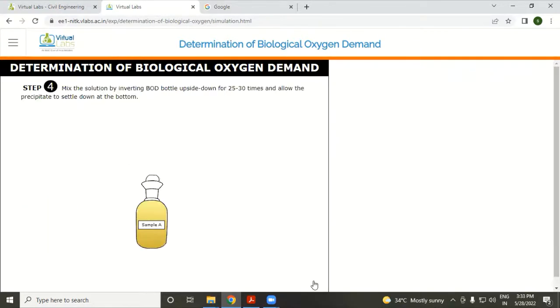So go to the next step. Mix the solution by inverting the BOD bottle upside down 25 to 30 times, so that the precipitate settles slowly down.